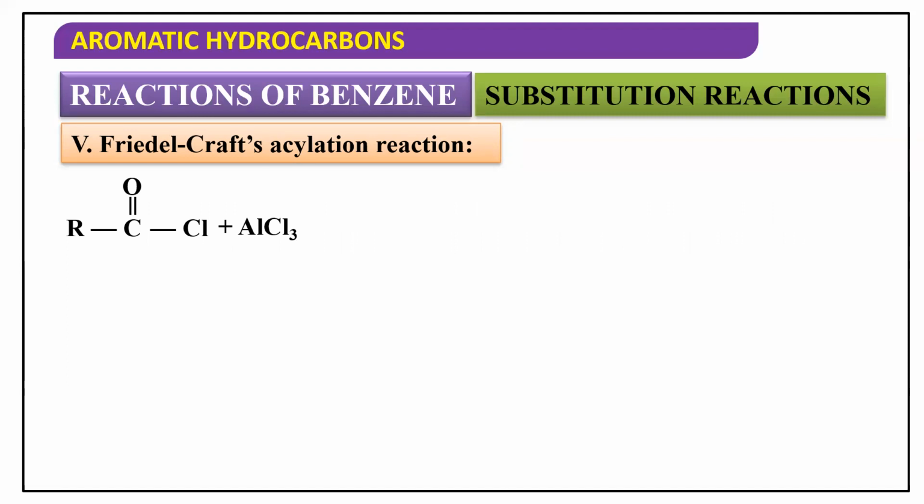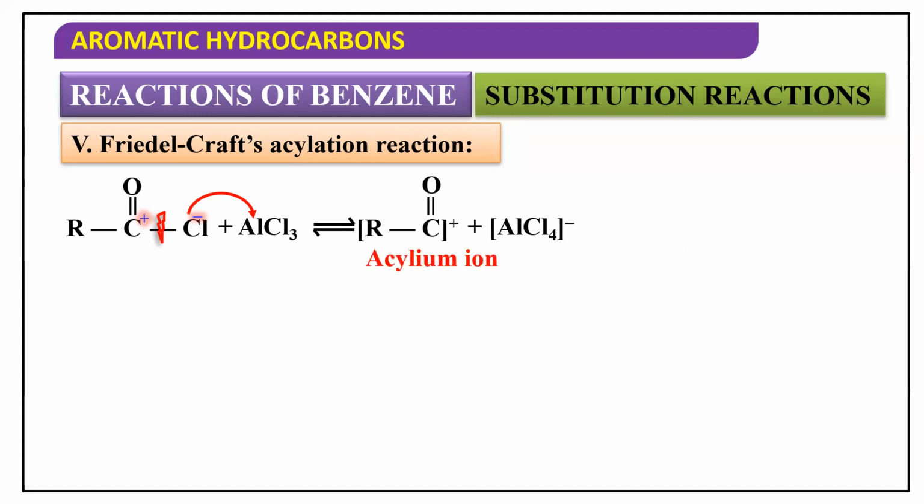When acyl halide is made to react with aluminum chloride, there is generation of the electrophile. And who's the electrophile? RCO plus, which is called the acylium ion. Clear? Acylium ion is what is formed.